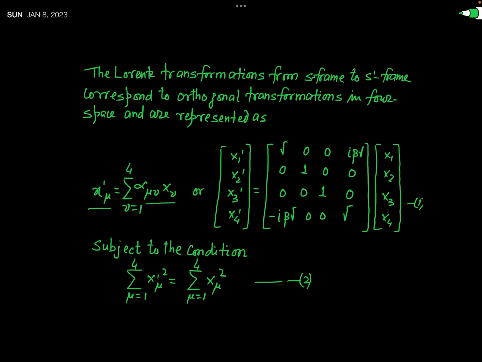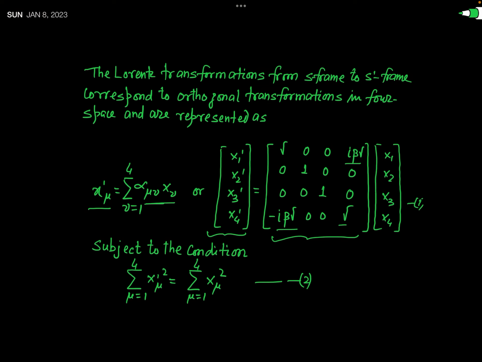We write for x prime mu this column matrix: x1 prime, x2 prime, x3 prime and x4 prime, and you know this alpha mu nu is actually the transformation matrix, a 4 by 4 square matrix, given by this expression. You can see this is gamma 0 0 i beta gamma; 0 1 0 0; 0 0 1 0; and minus i beta gamma 0 0 gamma.